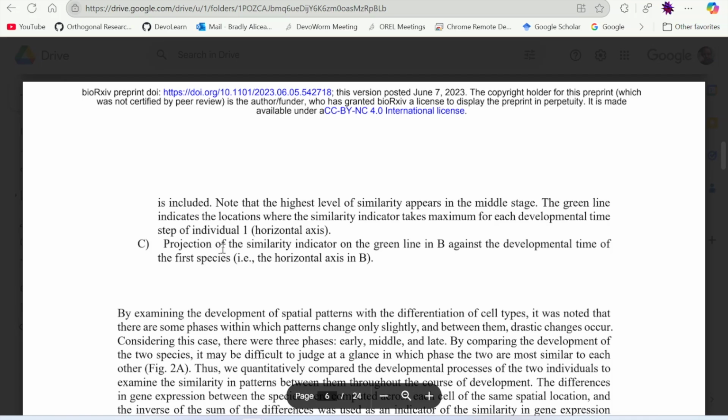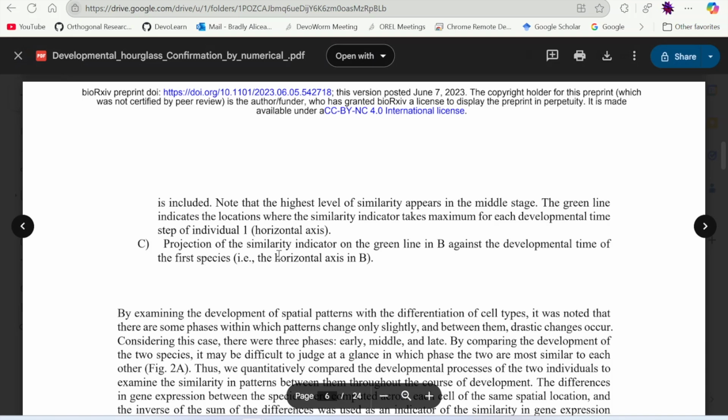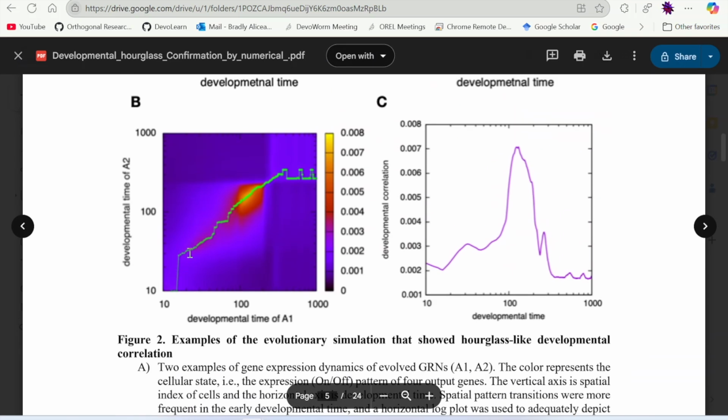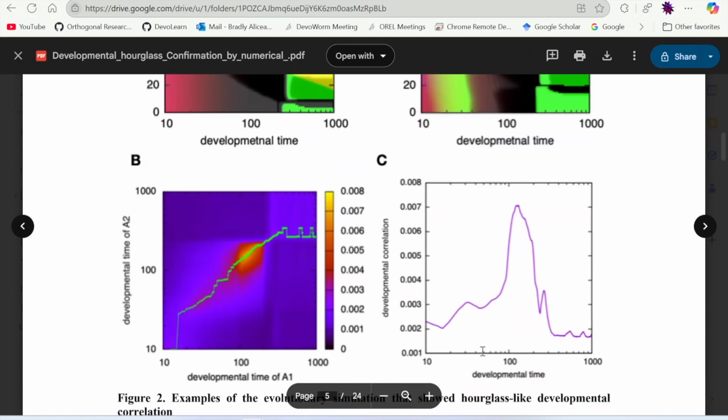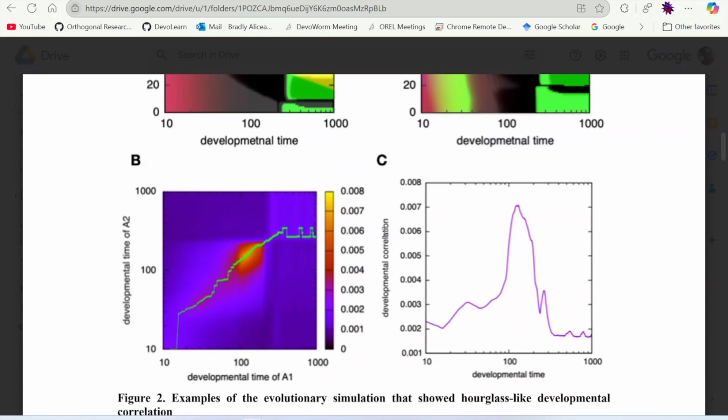Okay, now C is the projection of the similarity indicator of the green line in B against the developmental time of the first species. So this is the green line here, and there's the developmental time for A1 here, and then this green line restated as this developmental correlation.